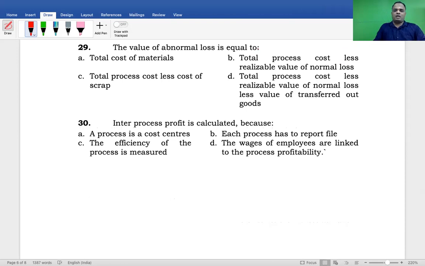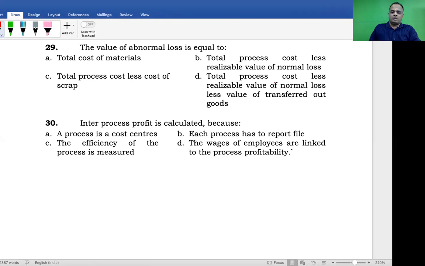The value of abnormal loss is equal to: total process cost less realizable value of the normal loss; total process cost less cost of scrap; or total process cost less realizable value of the normal loss less value of transferred output. Abnormal loss, you have to value based on what?